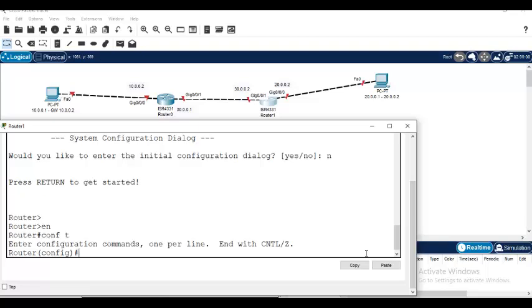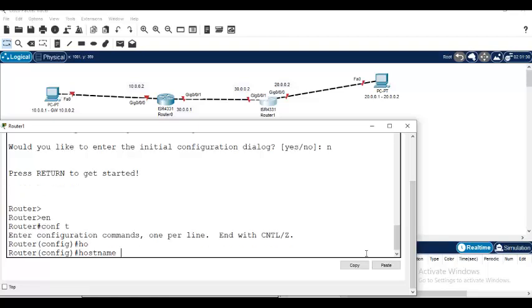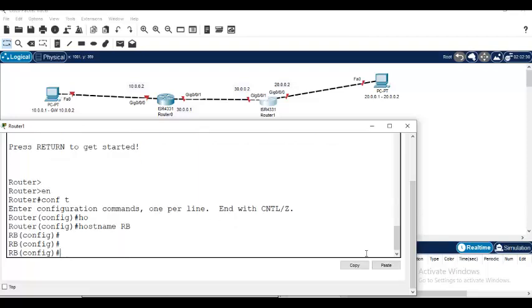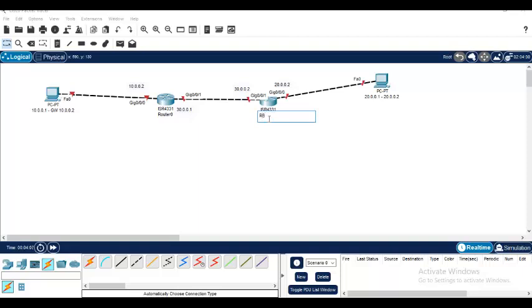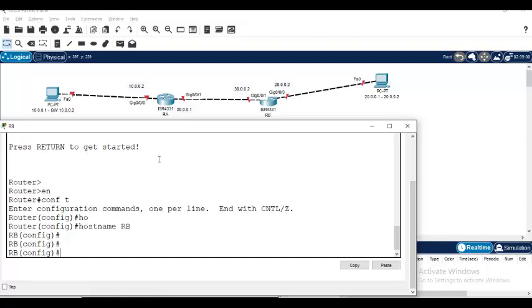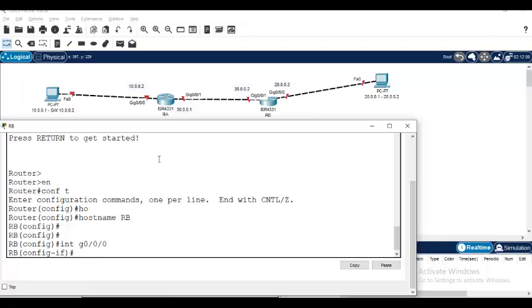Host name, I'll call this router B. Interface G0/0, as per our discussion, it should be 20.0.0.2. Mask is this.